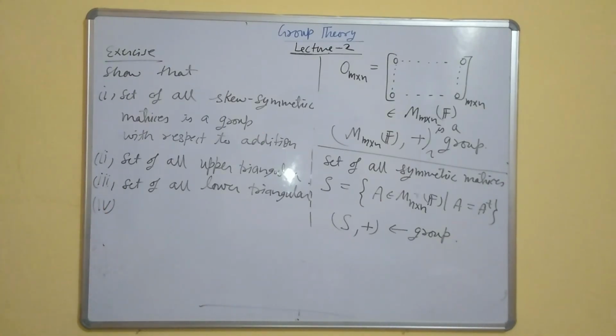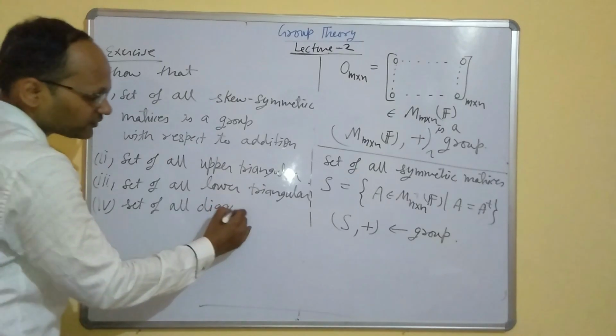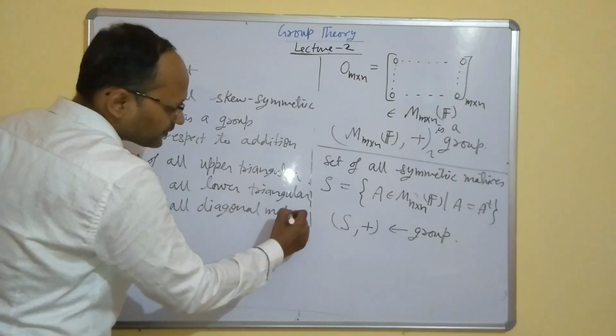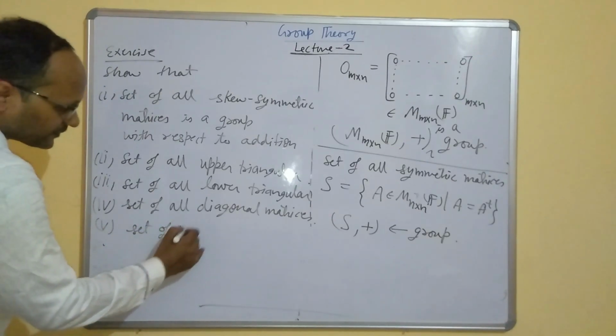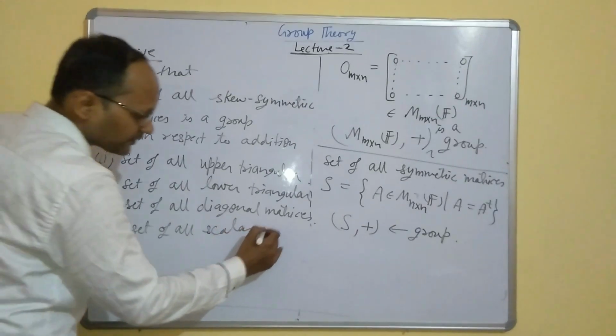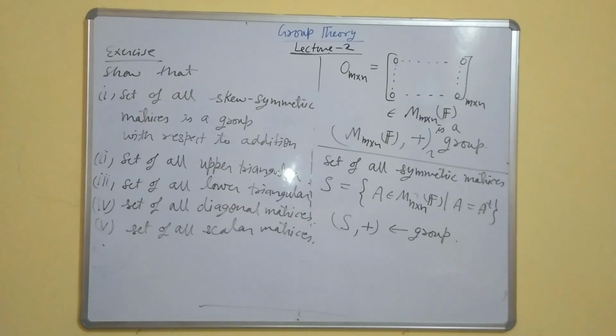And then the set of all diagonal matrices, the set of all scalar matrices. These all are groups with respect to addition of matrices, and there are many more groups in this set which we can define, for example strictly upper triangular matrices, strictly lower triangular matrices, and so on. So this is an exercise for you to verify that these are groups.